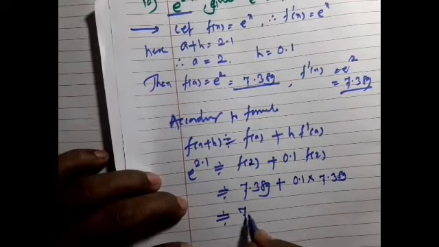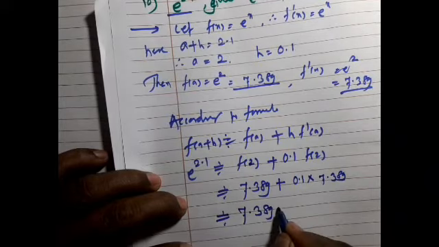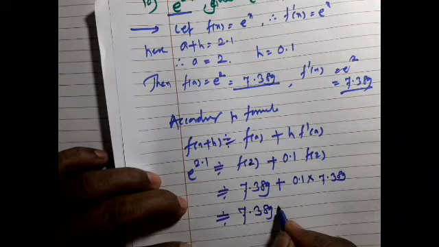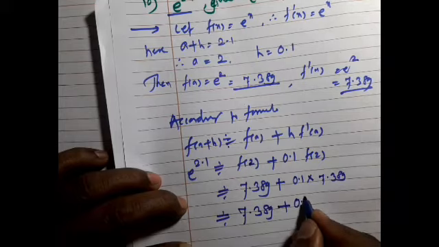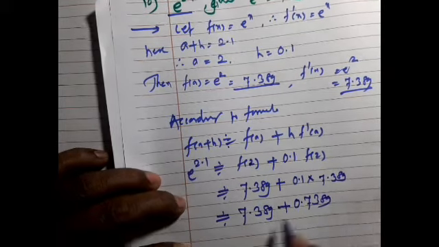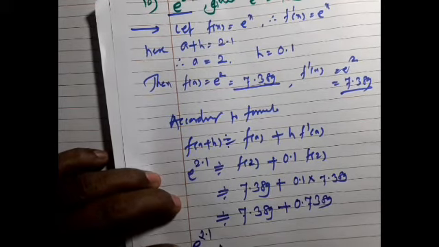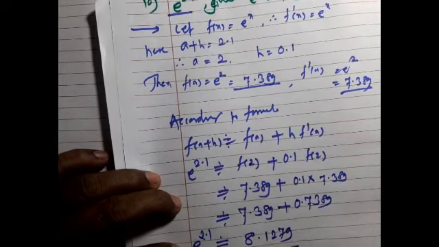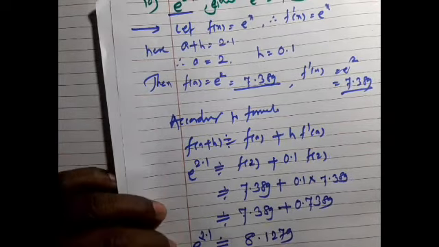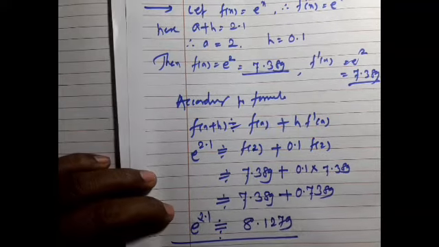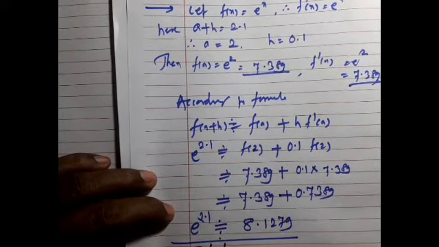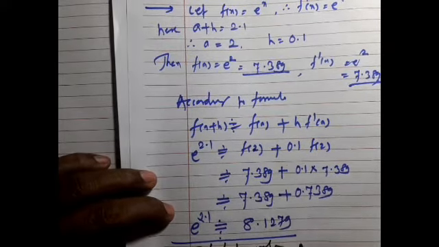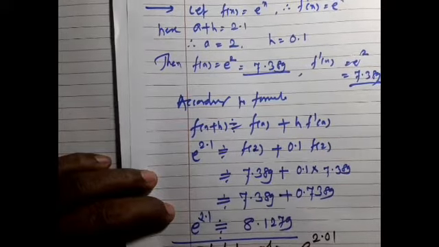This is nothing but 7.389 with one more decimal, that is 0.7389, and therefore finally e raised to 2.1 is equal to 8.1279. Just like previous example, here you can form these values to find the value of e raised to 2.01.